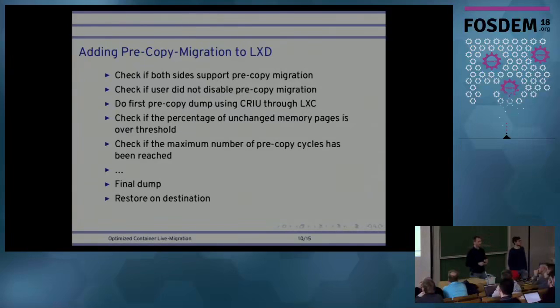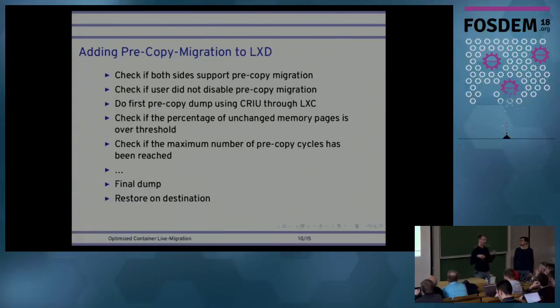And if they do, then we check if the user didn't disable it, because right now if the platform supports pre-copy migration, LXD will always do pre-copy migration. And if the user dislikes it, he can still disable it, because it's too slow or too much overhead or whatever.